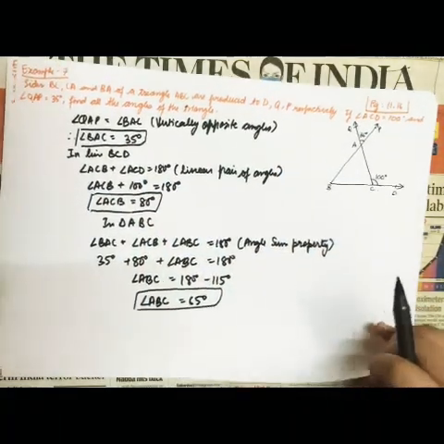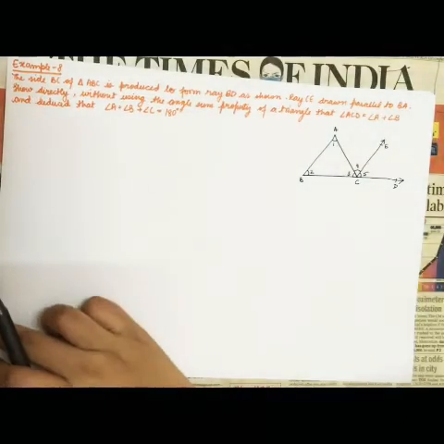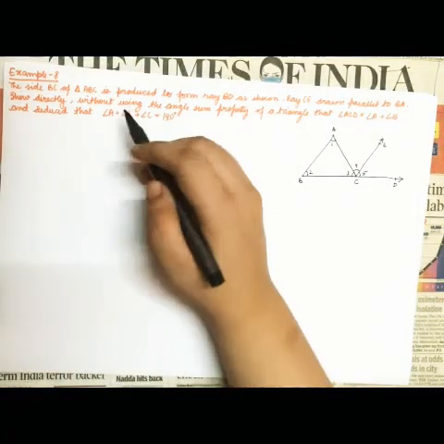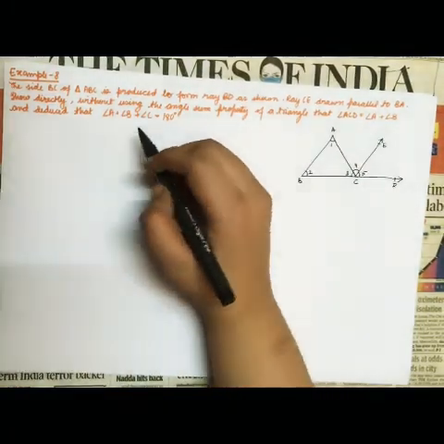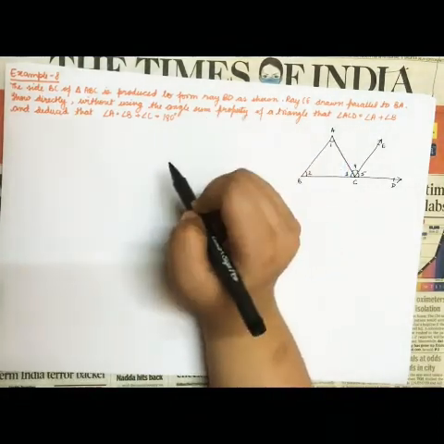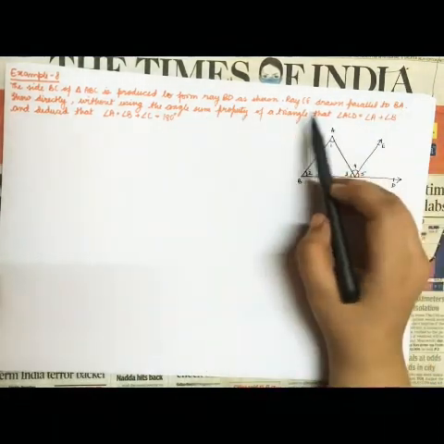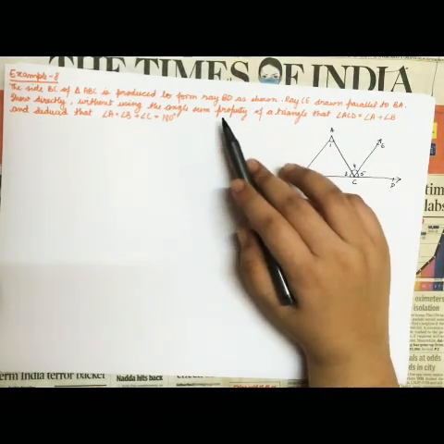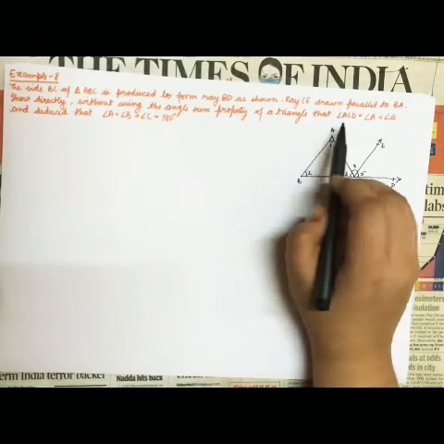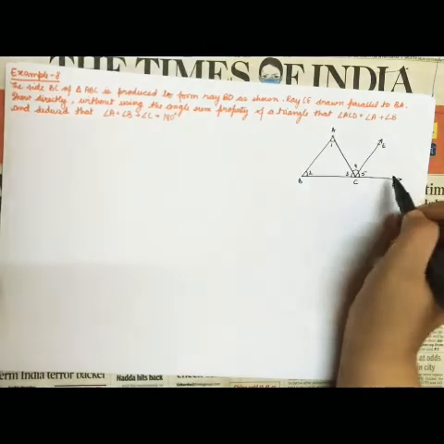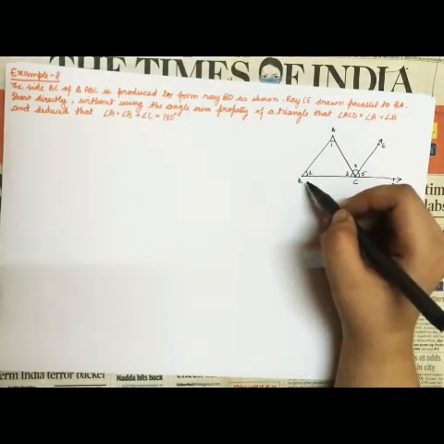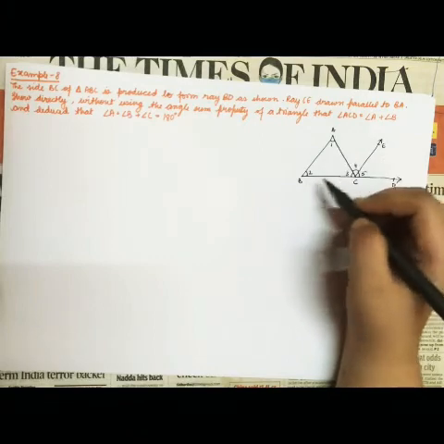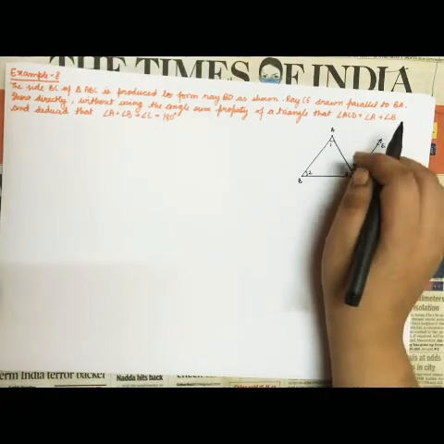Now example number 8. It says that side BC of triangle ABC is produced to form ray BD as shown. Ray CE is drawn parallel to BA. Show directly, without using the angle sum property of a triangle, that angle ACD is equal to angle A plus angle B, and deduce that angle A plus angle B plus angle C is equal to 180 degrees.